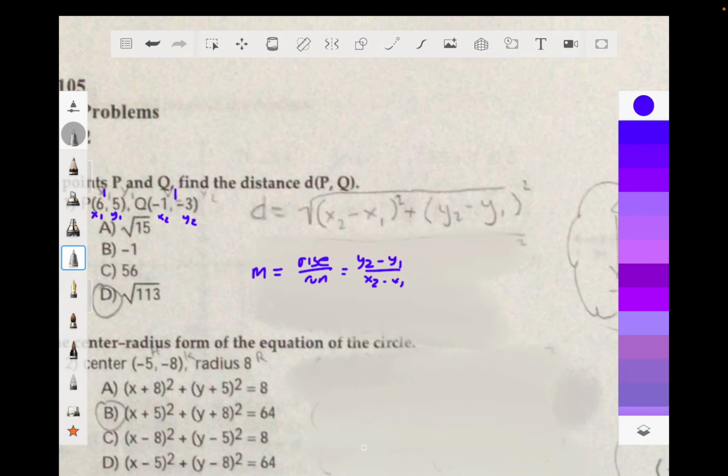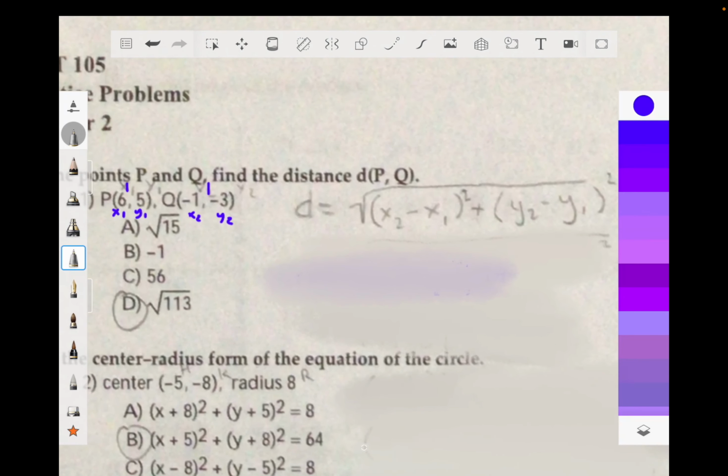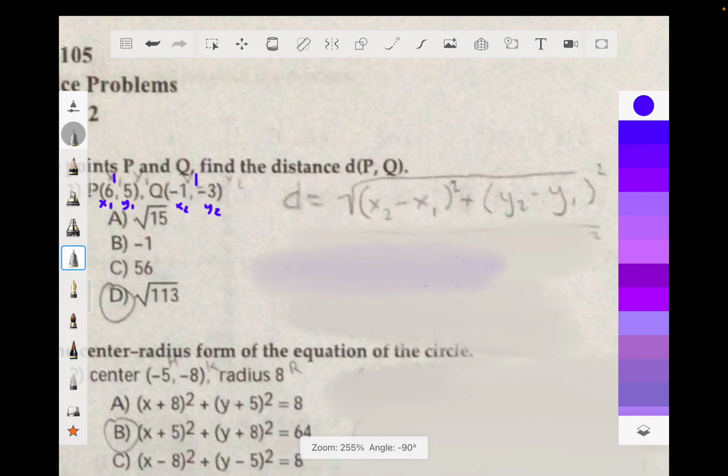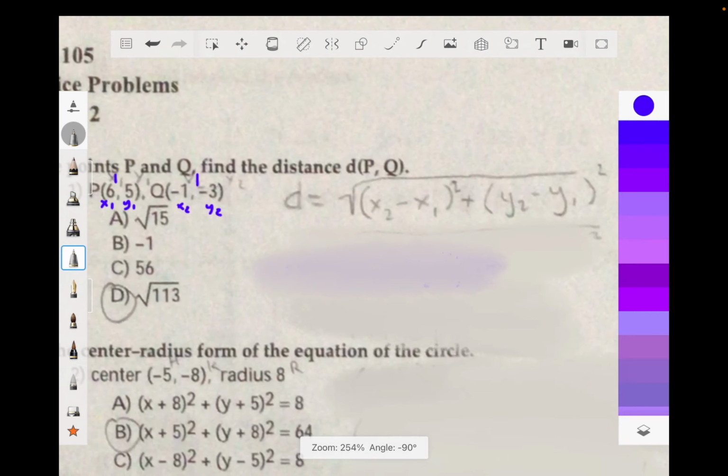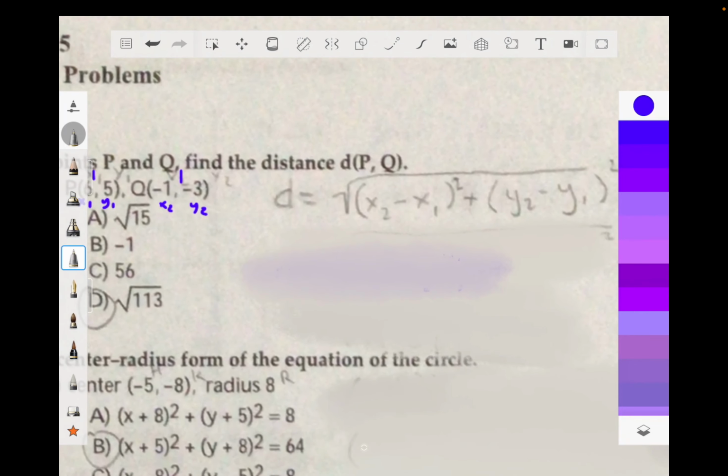That's going to complicate it too much, so I think your best scenario here is just to memorize this formula, which of course would be x2 minus x1, which is -1 minus 6.